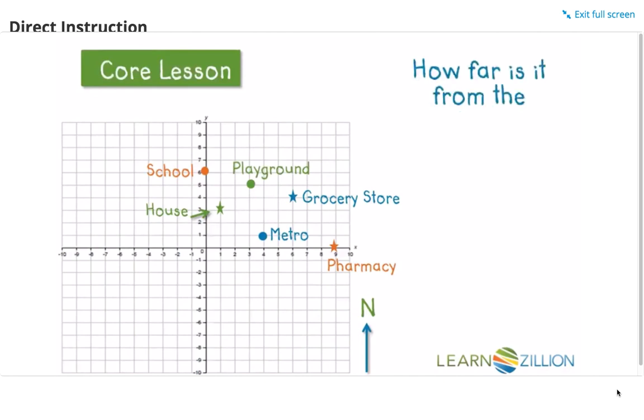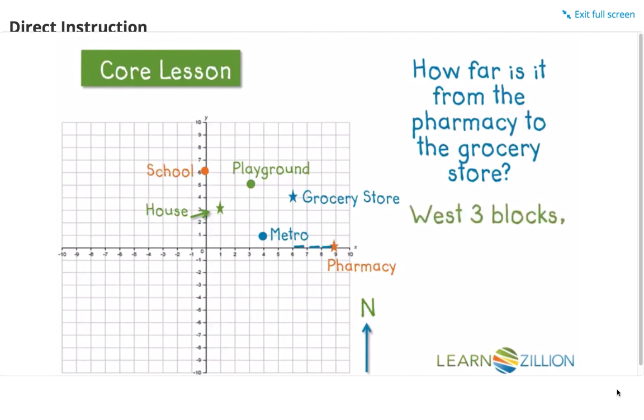Let's do another one. Let's say, how far is it from the pharmacy to the grocery store? I notice that the grocery store is to the left of the pharmacy, so first someone needs to travel west, or left. It takes someone 1, 2, 3 blocks to be even with the grocery store, or at that same x coordinate. So first someone has to travel west 3 blocks.